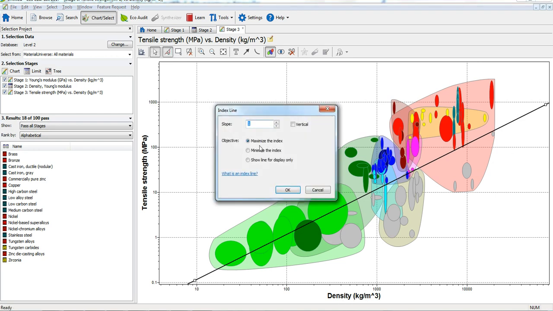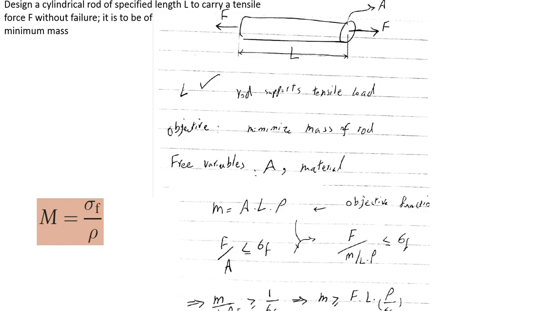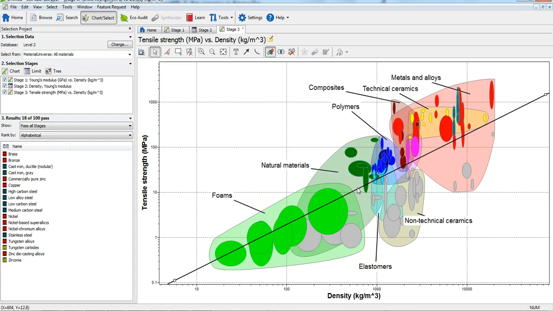Because we stated that we want to maximize the index, any material above this line is accepted, and the line shows those materials whose sigma F over rho is equal to 1. Sorry, my mistake. They have the same value of material index, which is tensile strength over density, every material on this line.